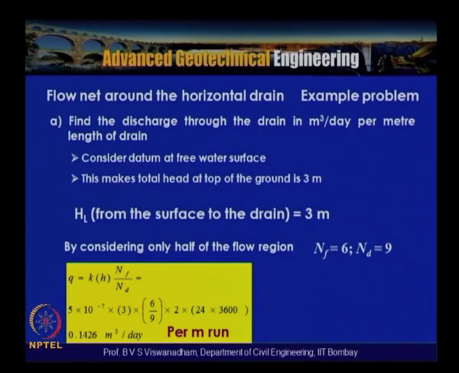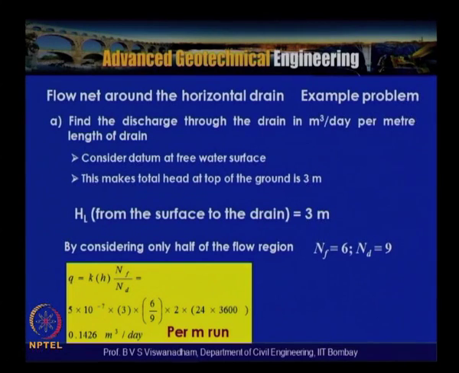This makes the total head at the top of the ground 3 meters. Now the head loss H_L from the surface to the drain center line is about 3 meters. Considering half of the flow region, the number of flow channels we counted is 6 and the number of potential drops we counted is 9.